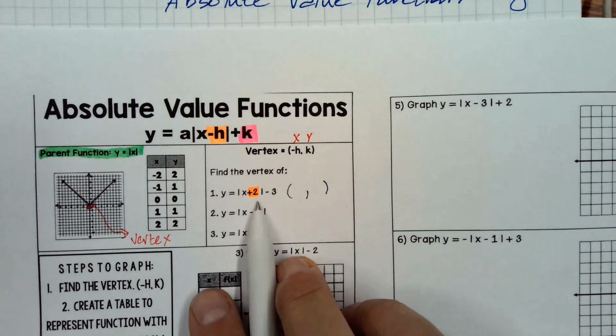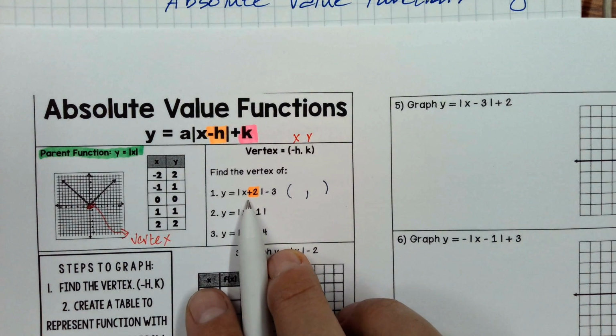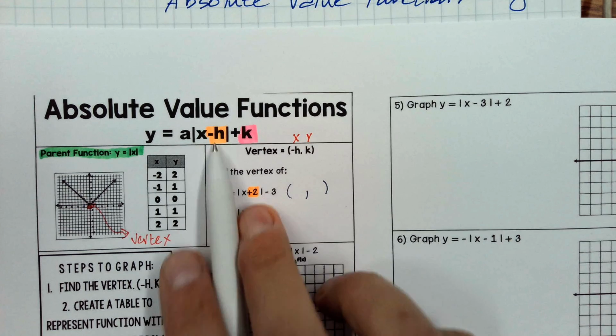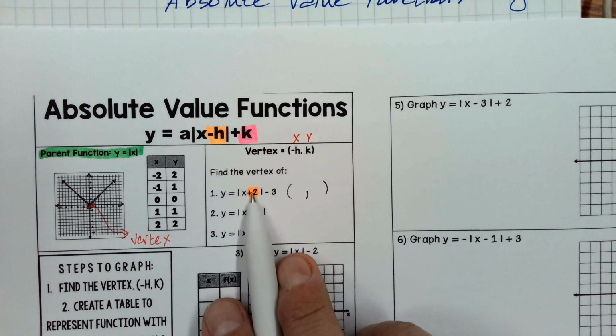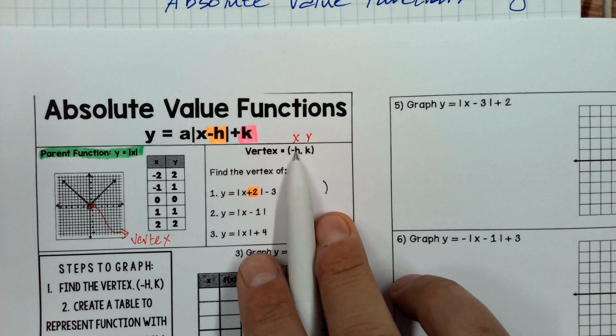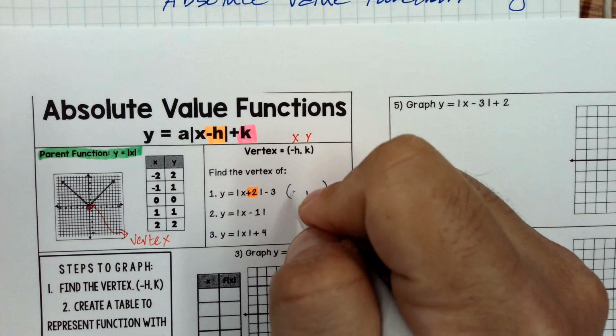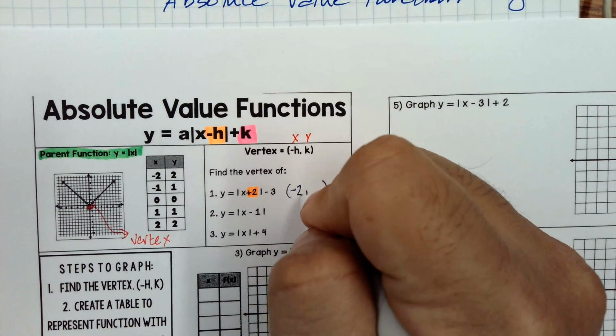So if within the absolute value I have plus 2, do you notice it has minus there and here? So you take that positive 2 and you take its opposite. What's the opposite of positive 2? So that means the x value would be negative 2.